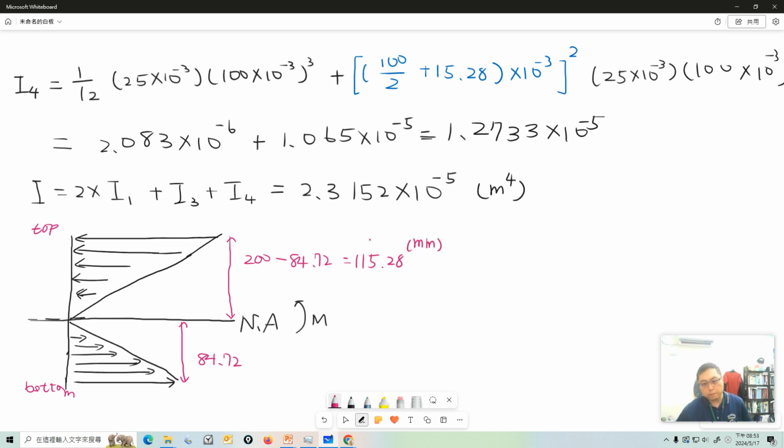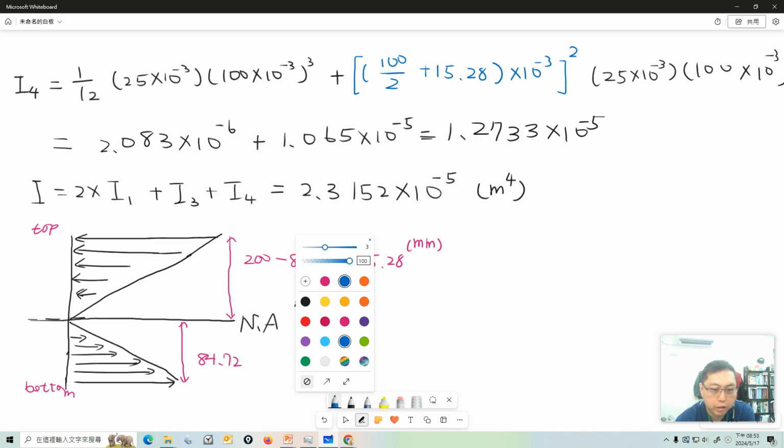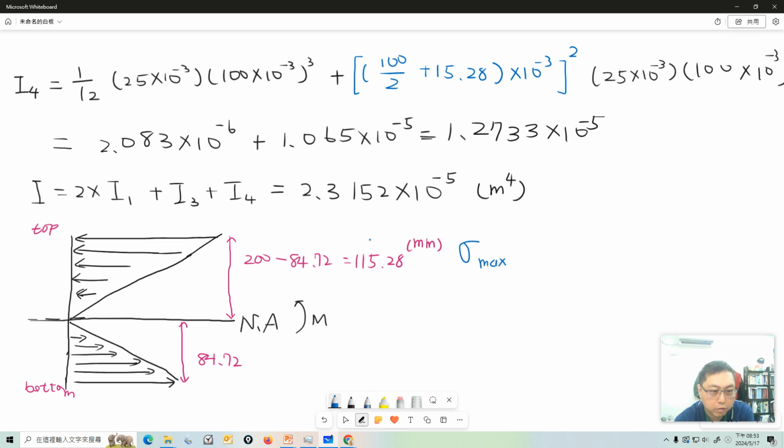So the maximum is always at the top and the bottom surface for bending stress. Let's do this calculation. The problem gives us the maximum compression, and maximum compression is at the top surface.